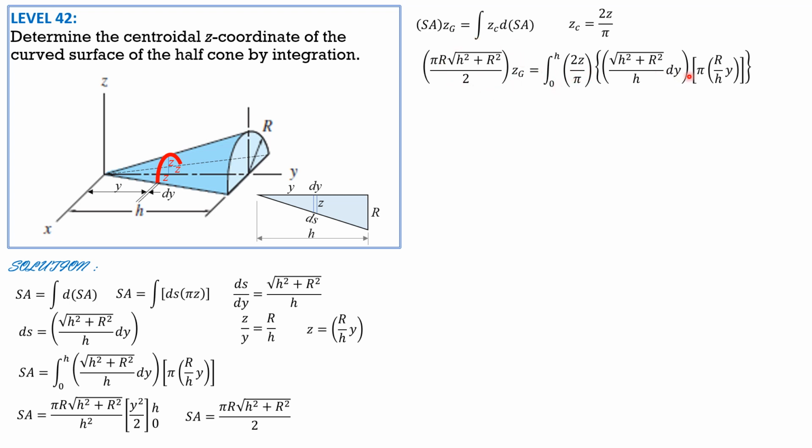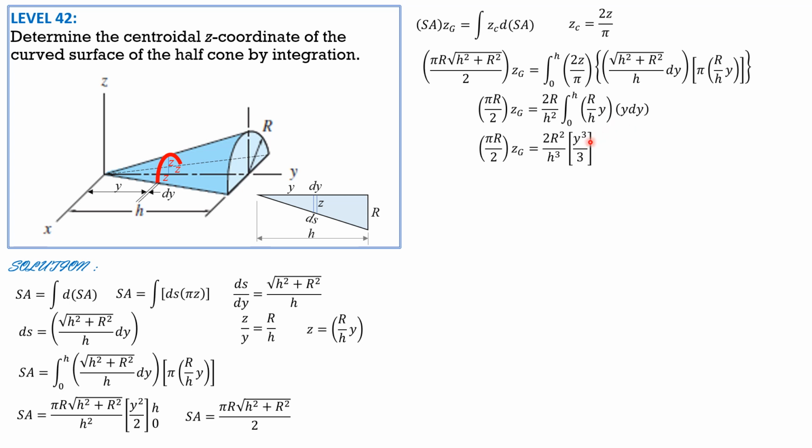The right side would be 2r over h squared, so pi r over 2 after we cancel. So 2r over h squared, integral from 0 to h. z is r y over h. Then we have y dy left in this part. So pi r over 2 z sub g is 2r squared over h cubed.